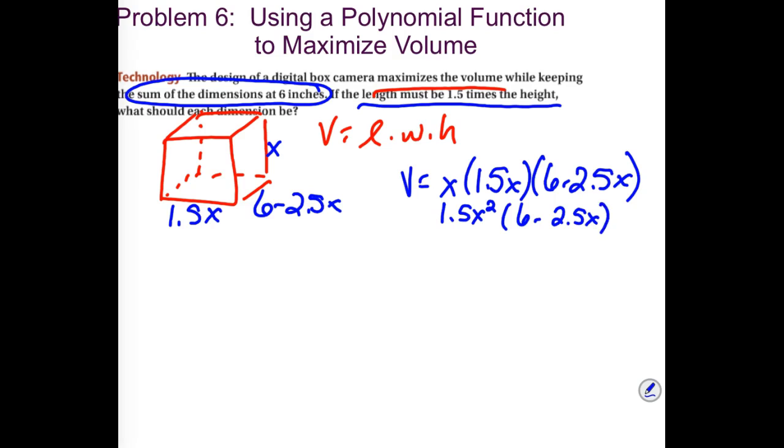And then if I distribute that, 1.5 x squared times 6 would be 9x squared. And 1.5 x squared times a negative 2.5 x ends up being negative 3.75 x to the third.